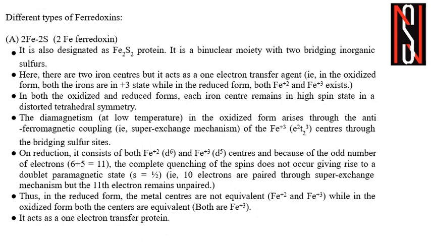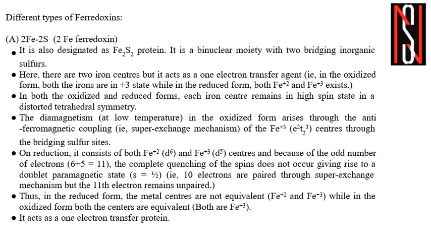So the total 10 electrons will be paired up through the super exchange mechanism, or the antiferromagnetic coupling, but there are actually a total of 11 electrons, so one electron will be unpaired, which results in a paramagnetic state, that is a doublet paramagnetic state due to the spin multiplicity equal to 2.